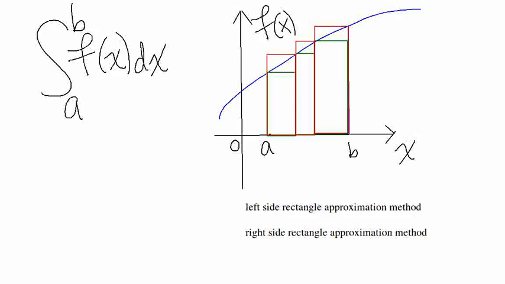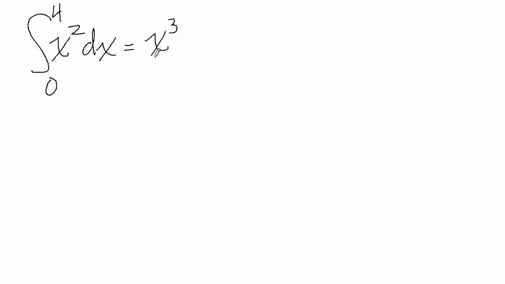Now, let me do an example using the right side rectangle approximation method. Suppose we use the right side rectangle approximation method to calculate this integral. Now, we don't need to use the right side rectangle approximation method because for this one we could use the fundamental theorem of calculus.